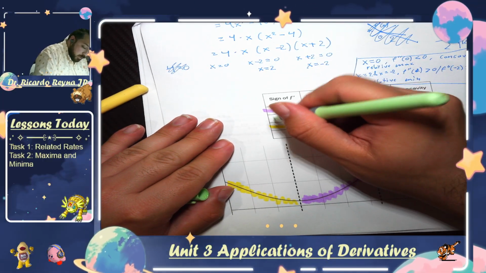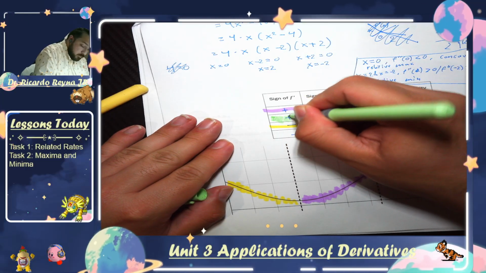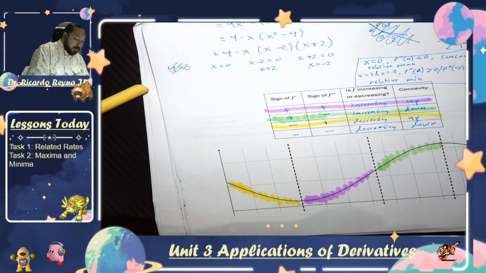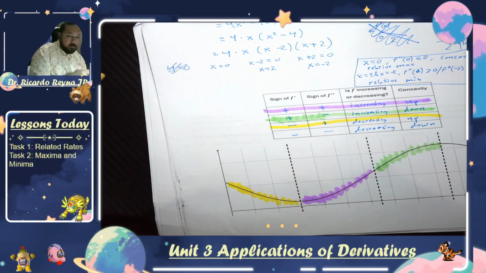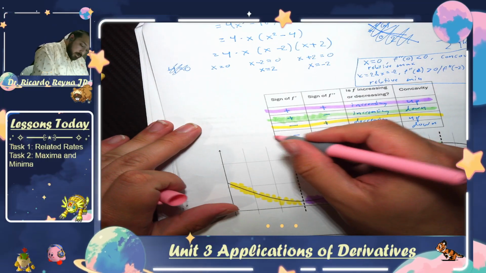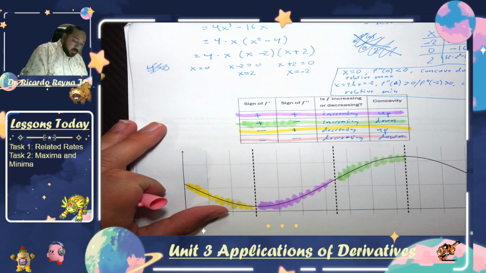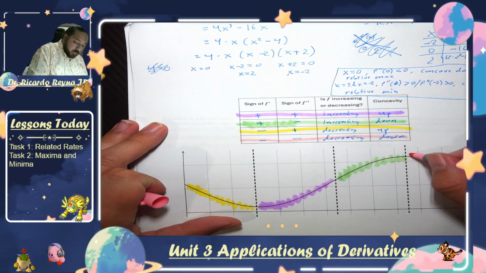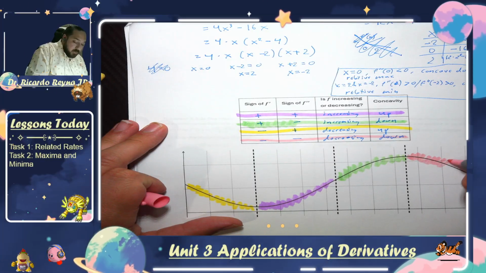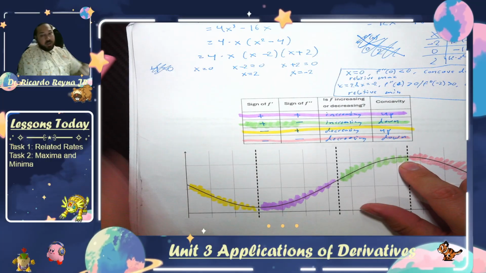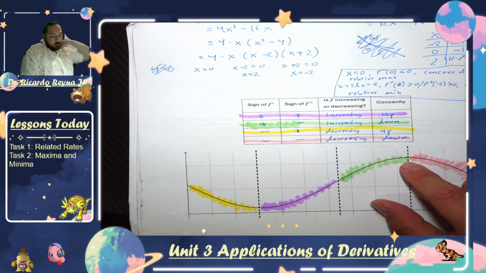So it's going to be over here. And then last but not least, we have a negative slope and we know that we're trending downward and f is decreasing. And that means we have a concave downward. And look, with the concave downward, we have a maximum point.